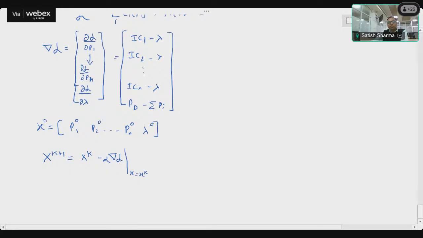We will put those values in this gradient vector. So this is a vector, and we will add it to the initial value and obtain the new x. We will keep iterating this equation and we can get a solution out of it.